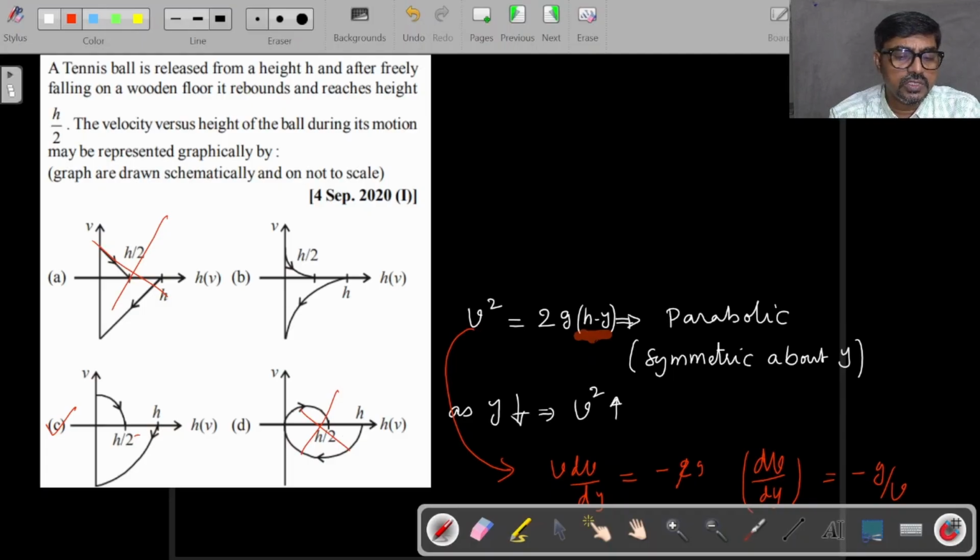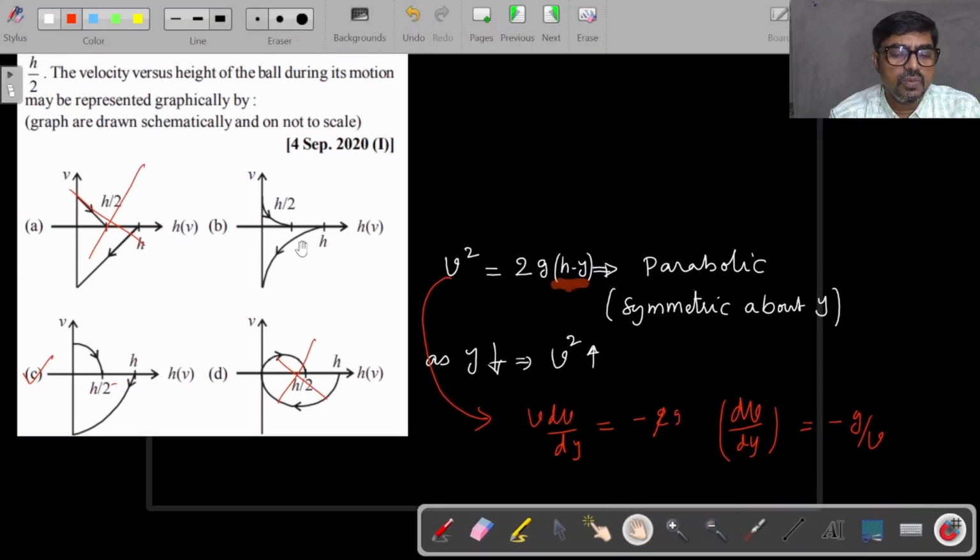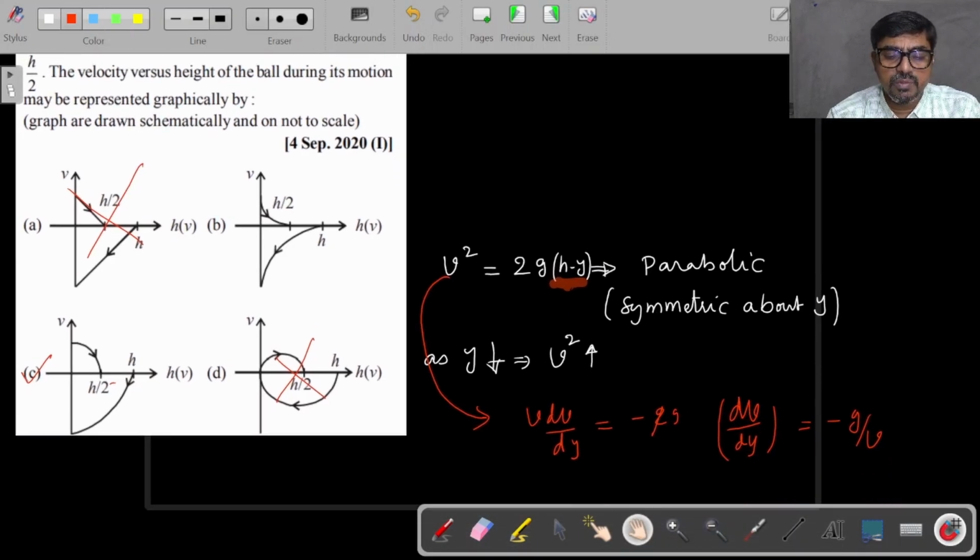Now we need to focus on B and C. And now if you look at both of them, curved, not linear. When we write acceleration, let's write it v dv by dy, that's going to be minus g, obviously it is downward. So dv by dy is going to be minus g by v, that's the slope of the graph, no? And let's take magnitude.